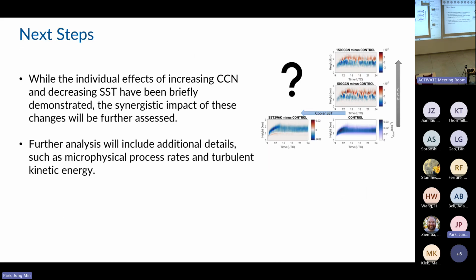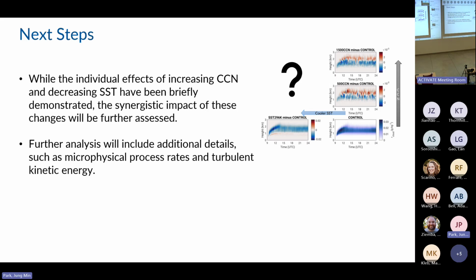So again, in today's update, I barely touched the details or processes in each simulation. Instead, I intended to give you some general ideas of where our modeling experiment stands within the entire ACTIVATE modeling efforts. I especially only presented how cloud and drizzle mixing ratio change as a function of changes in SST and CCN separately.